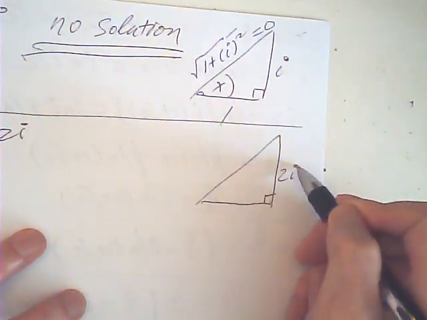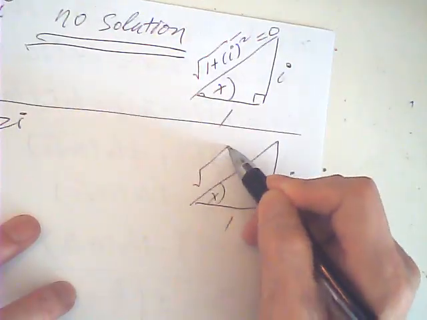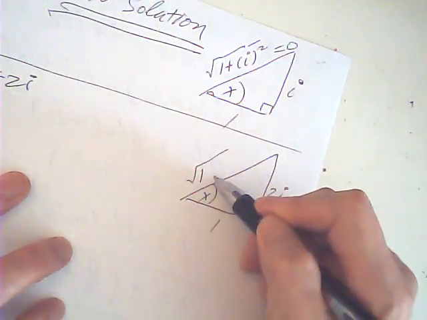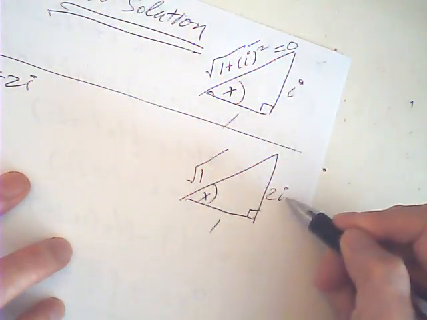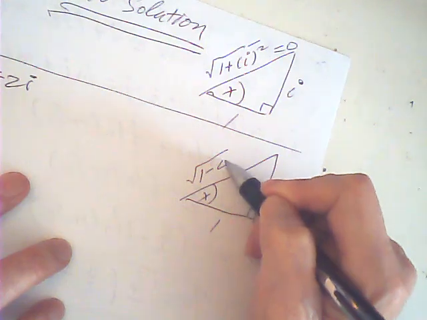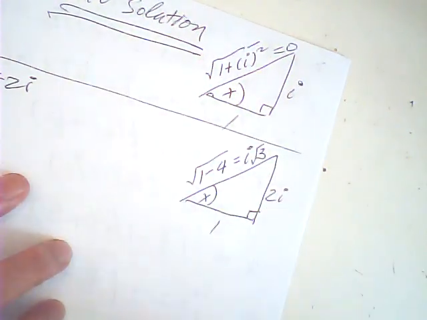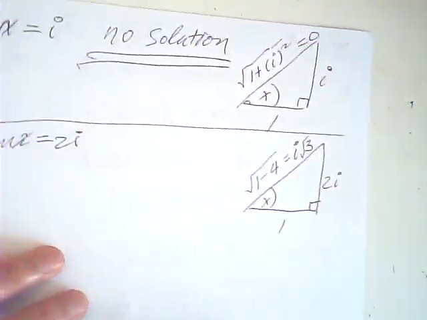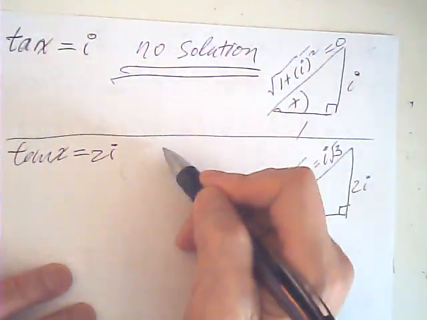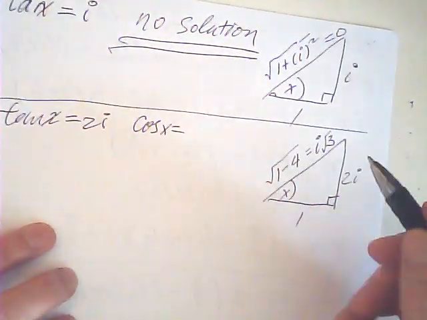This is a 2i, this is x, this is 1, this is 1 plus 2i squared, which is negative 4, right? So it's equal to i root 3. Now it's different. So cosine x is equal to this over that, right?